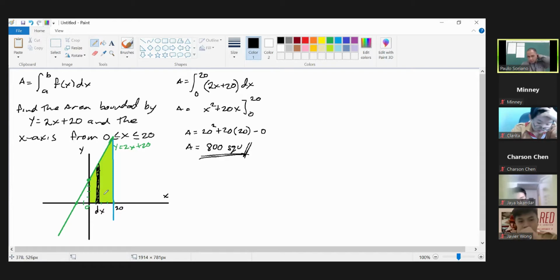Next, how about if I'm going to use the same function, same everything, except I change the limit? So that will still be y equal to 2x plus 20 together with y equal to 0, which is our x-axis, correct?